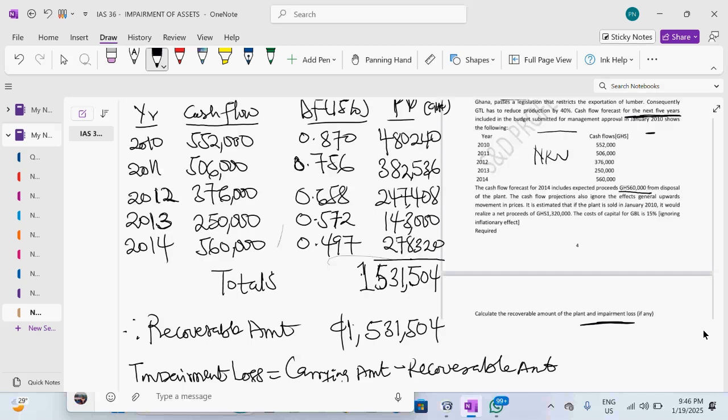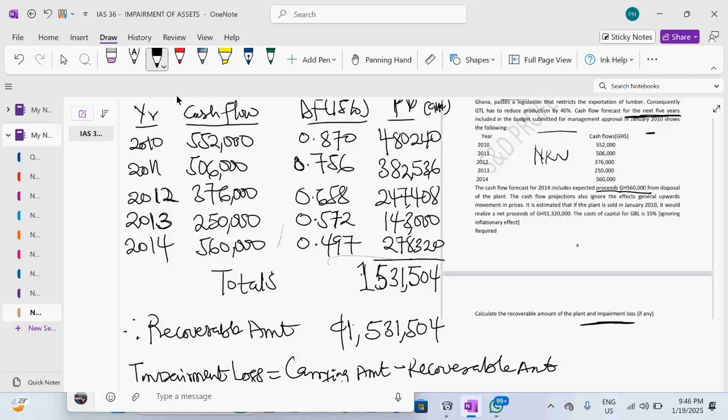I don't know. If it was to be an outflow, would have deducted it from the 60,000. Yes, if it was an outflow, but they are saying it's 560,000. But they are saying it's an inflow, and we are working with all the cash flows as inflows.